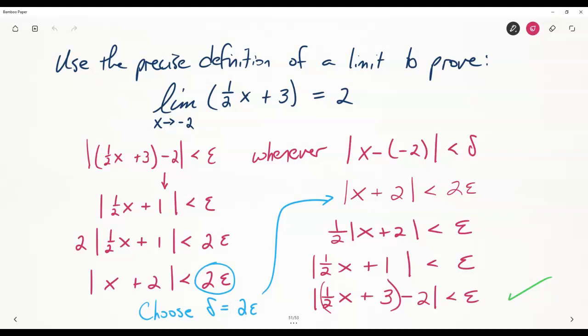And you'll notice that the arithmetic is really the same thing as this done in reverse. And that is by design. Because what we are doing is we're basically reverse engineering what delta should be. I mean, we could try picking delta at random, but I ain't got that kind of time.